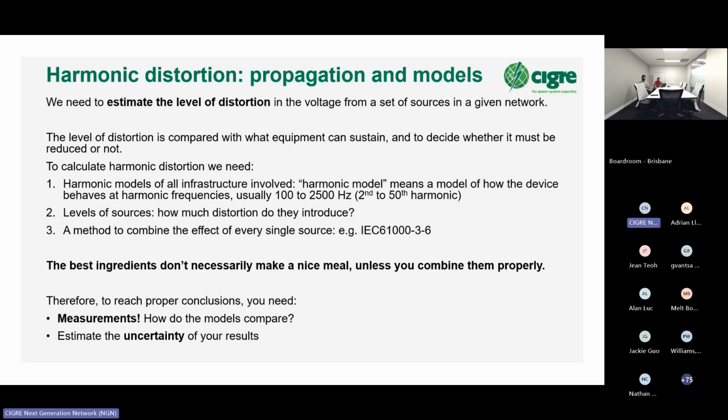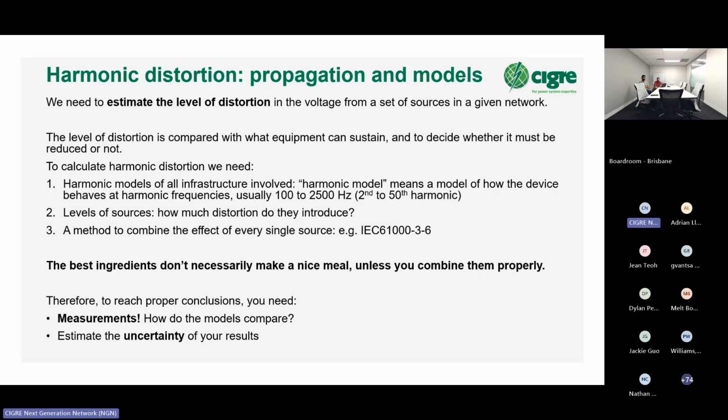So as I said here, the best ingredients don't necessarily make a nice meal unless you combine them properly. What does that mean? That if you get fantastic harmonic models and you put all the bells and whistles on them and they are very detailed, if you do not put them together properly, they will not give you a good estimate of what the distortion is.